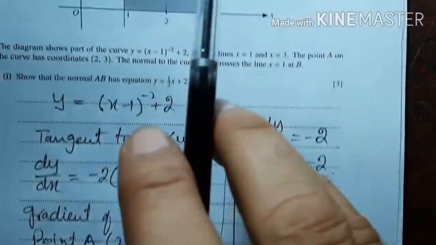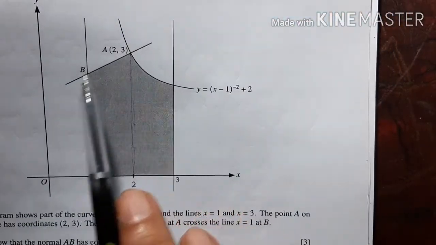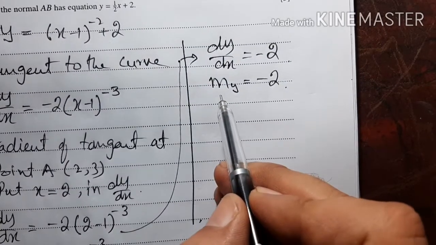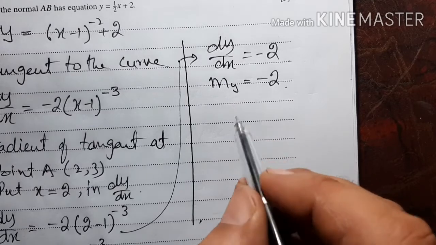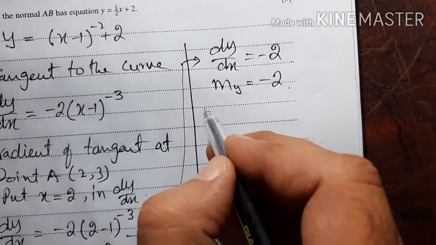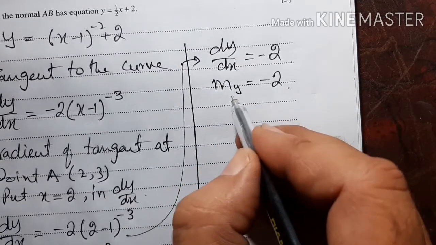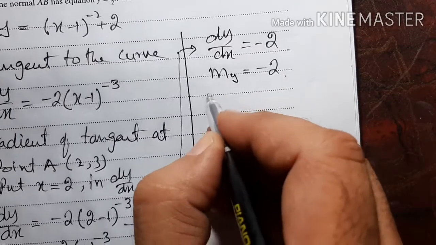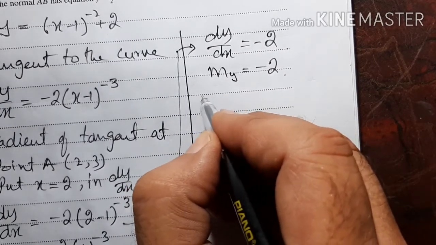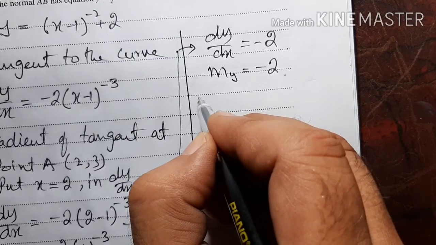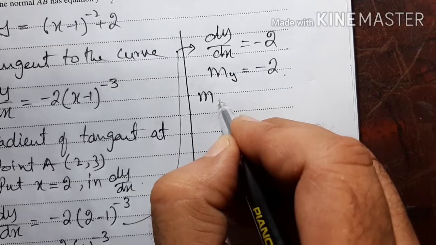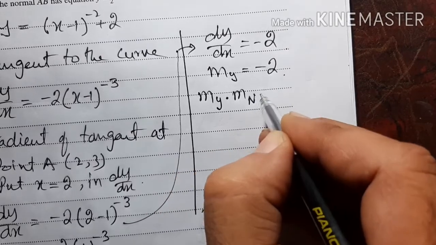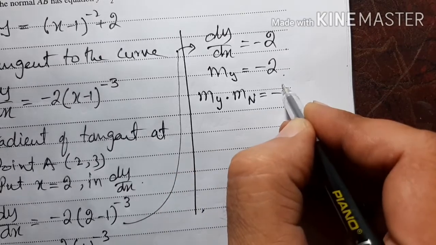But this is the normal to the curve. It means the gradient of the normal, since the product of the gradients of two perpendicular lines is always −1. So therefore the gradient of the curve times the gradient of the normal should be −1.